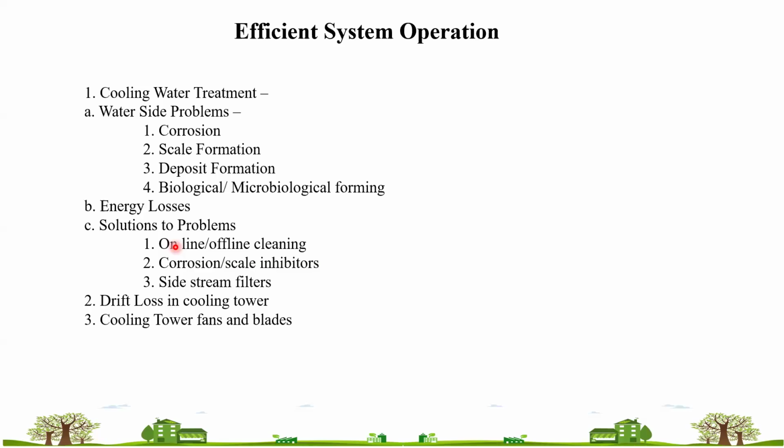Then nowadays side stream filters are used. We discussed that side stream filters are majorly used for treating the output of the STP plant. That's how this water treatment has to be done.